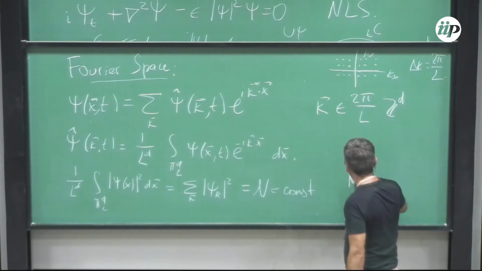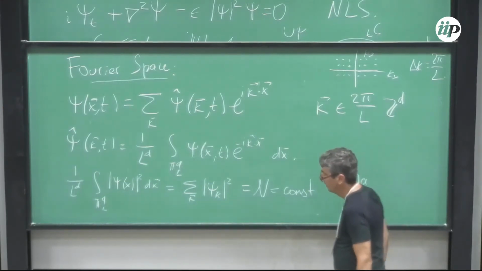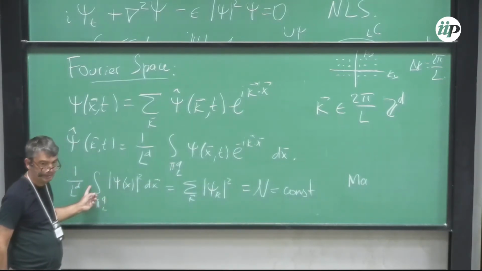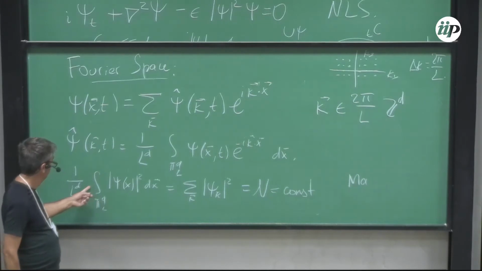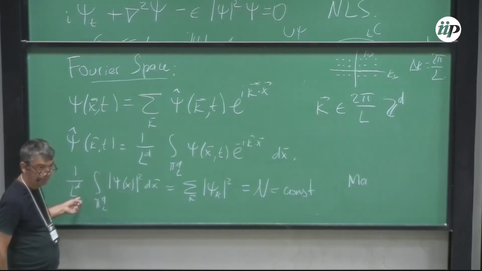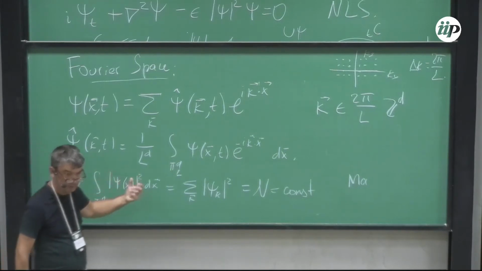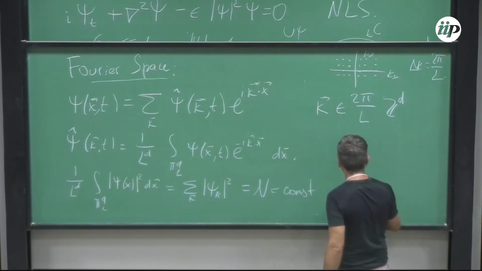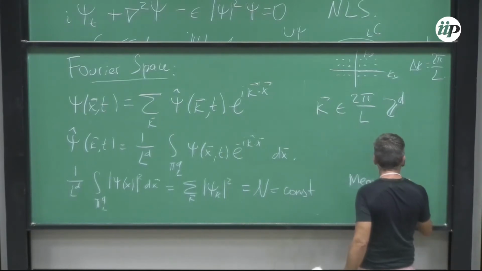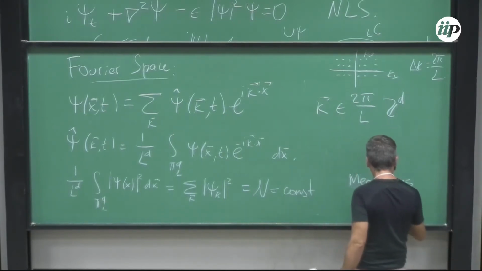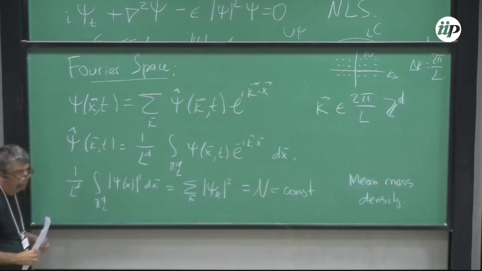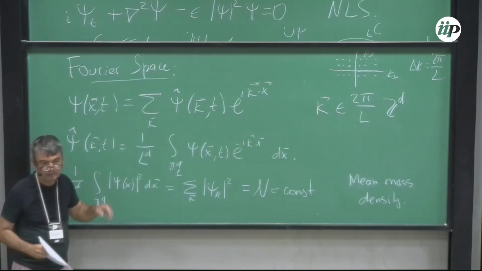So this invariant is called the mass density. Well, okay. So usually what you see here is called mass, right? And because I divided by the volume of the box, it's mass density, or mean mass density. So for simplicity, you can call it mass, right?